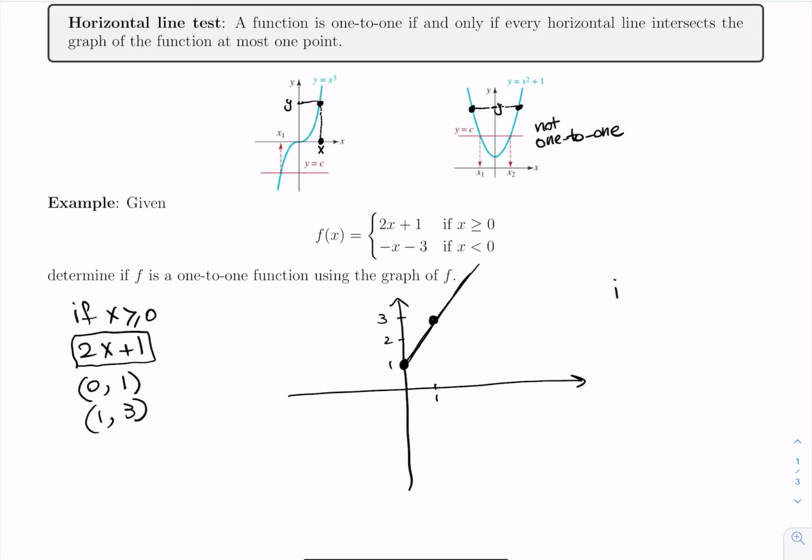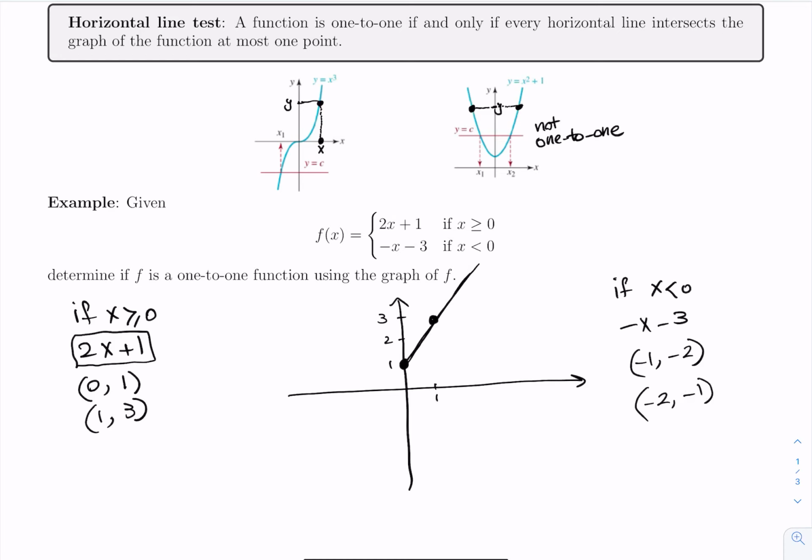Now, if x is less than 0, we're using the line negative x minus 3. Again, I need 2 points in order to sketch the graph of this line. How about I try some negative values? Negative 1. That would be negative 1 minus 3. That's negative 2. And I could also try negative 2. Negative 2 minus 3.